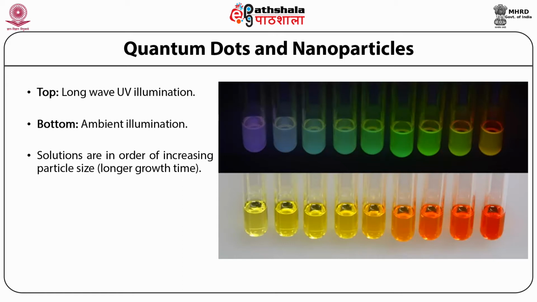So we can say that quantum dots can produce different colors depending on their size. This figure shows different light being emitted from nanoparticles having variable sizes. The top figure shows the long wave ultraviolet illumination, whereas the bottom figure shows the ambient illumination. The solutions are in order of increasing particle size, that is, longer growth time.